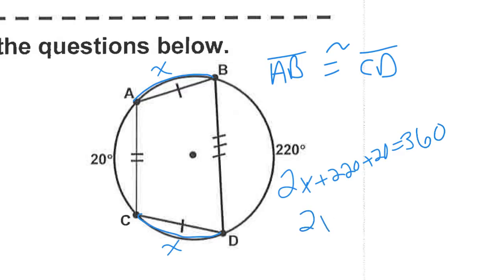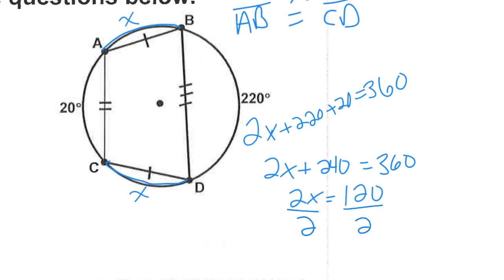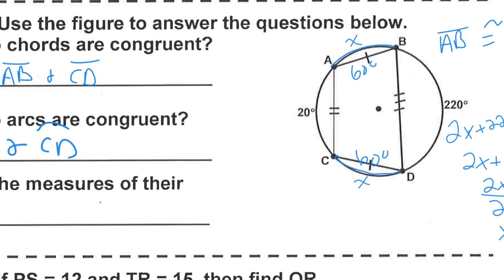That's 2X plus 240 equals 360. Subtract the 240, 2X equals 120, and then I divide by 2, and I get that X equals 60. So the measure of each arc is 60 degrees. So it's a pretty easy theorem in practice. We'll see a lot of examples about it today.